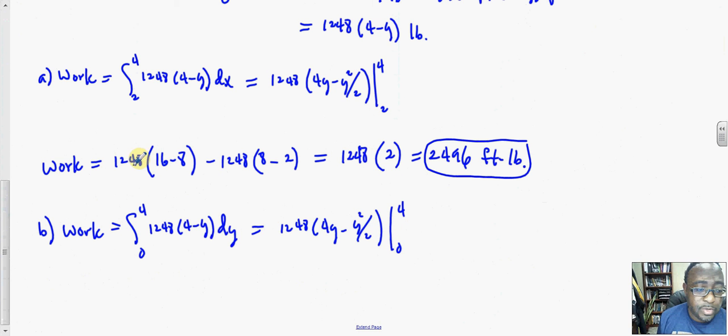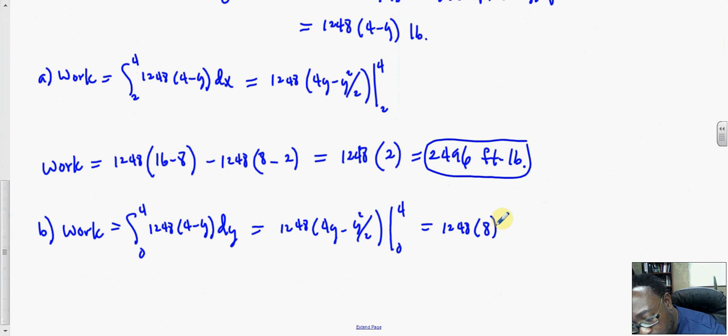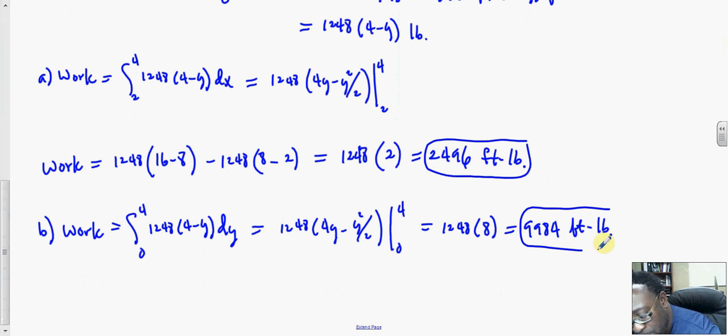And all we need there is the 1,248 times the 16 minus 8. That's what that is. 1,248 times 8 gives us 9,984 foot-pounds.